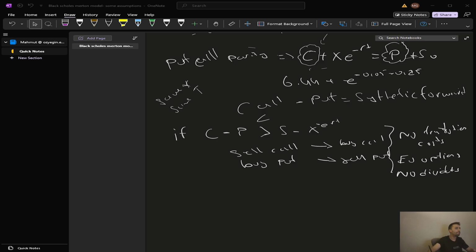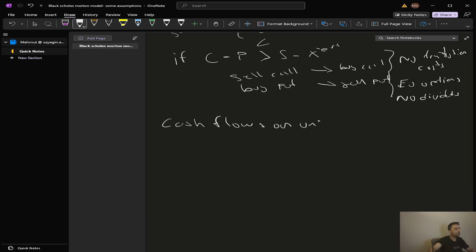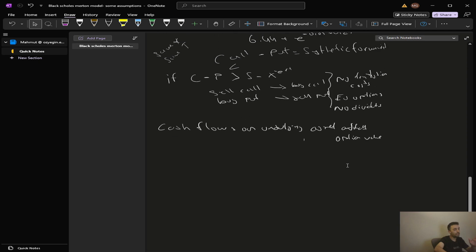And there is another relationship: how the parameters affect both call and put values. Imagine cash flow on the underlying asset affecting option value. How does it affect option value, decrease or increase? It reduces call value and increases put value. If spot rises, the call is affected positively. Strike minus spot reduces put value.